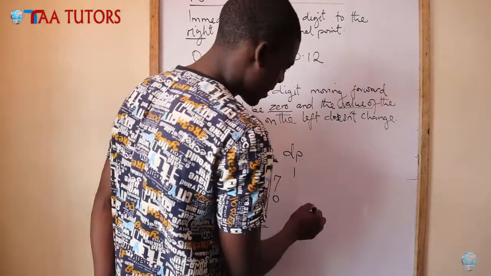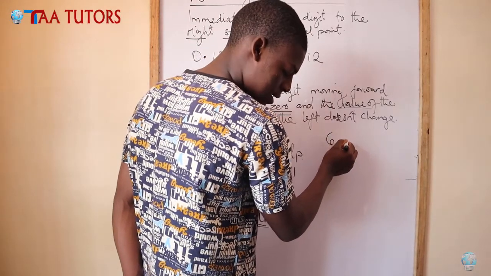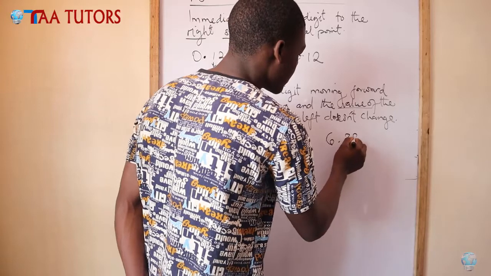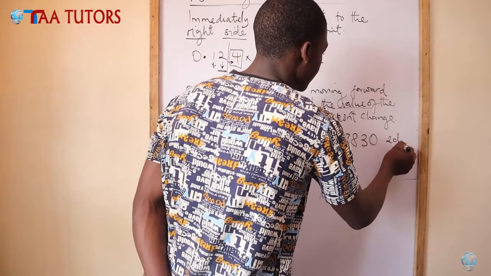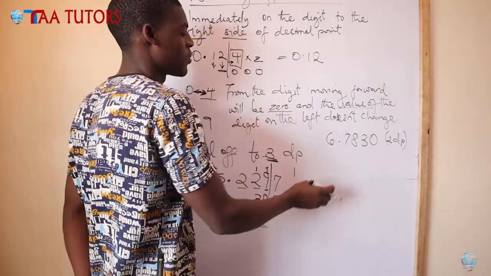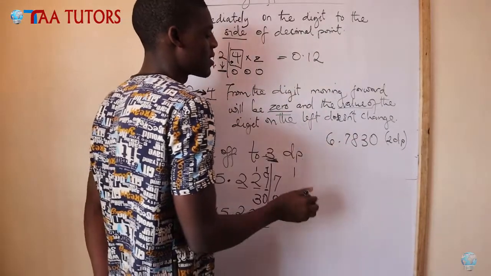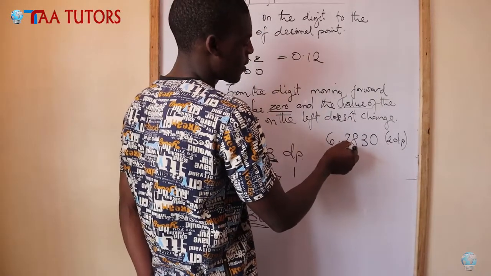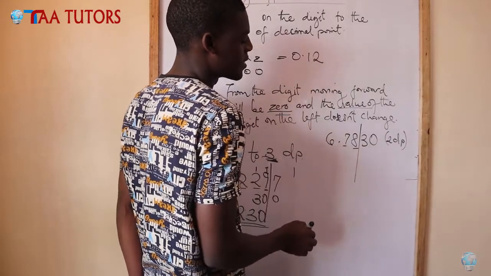Another example we are having is 6.7830 to 2 dp. dp here means decimal places. We are required to round off this to 2 decimal places. We count the number of decimal places required: 1, 2. You can mark it.